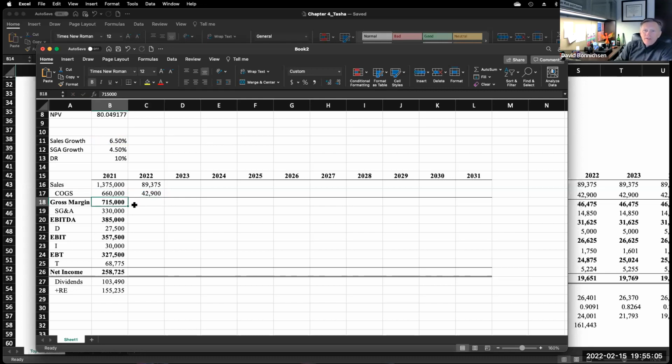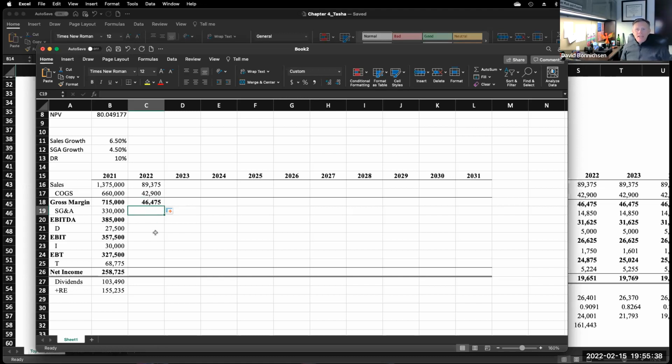And we know that we've calculated gross margin as equal to sales minus cost of goods sold. Okay, so for the project, question 5 is all about the project. All right, incremental value the project is going to deliver to the firm. So the project is going to deliver an incremental $46,475 of gross margin to the firm.